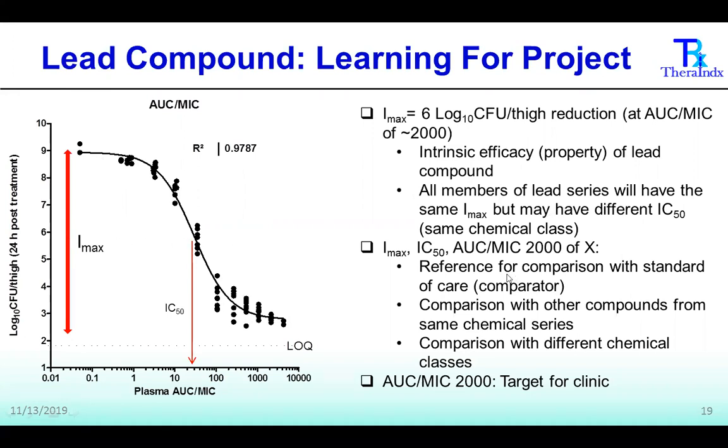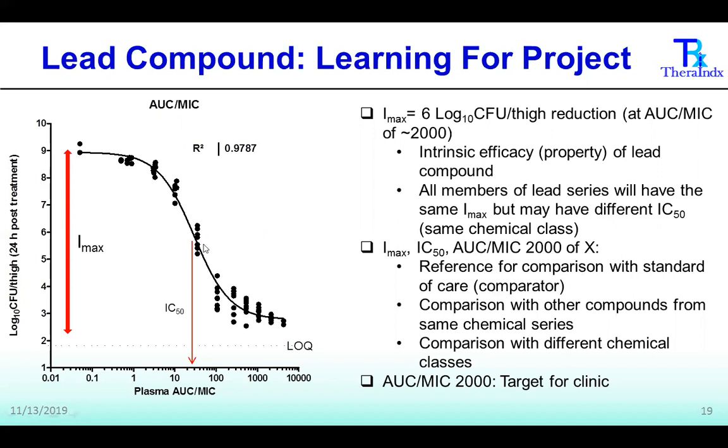The second important point is the Imax and IC50, what we have demonstrated here, achieved at an AUC by MIC of 2000 for X. This number means a lot for the project. It could serve as the reference for comparison with the standard of care, if the project is comparing it with the standard of care. It could be a comparison with other compounds coming from the same chemical class.